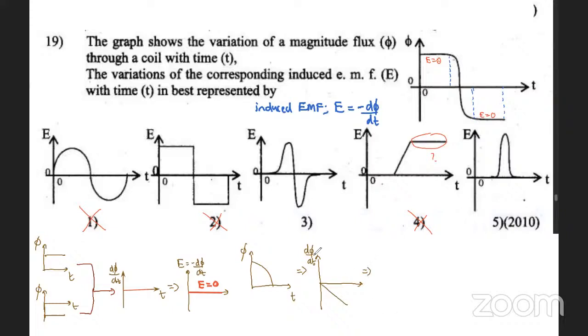But d phi by dt is not what we need. We need E, which is minus d phi over dt. So for minus d phi over dt with time, for this kind of shape, you will get a line going up.